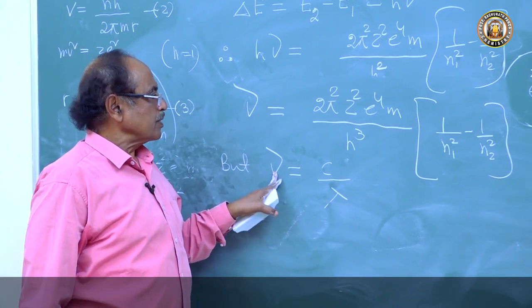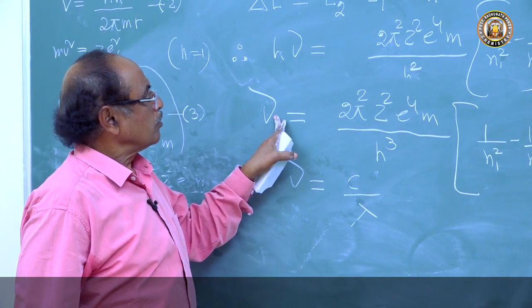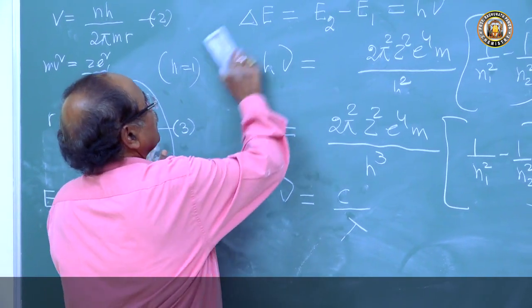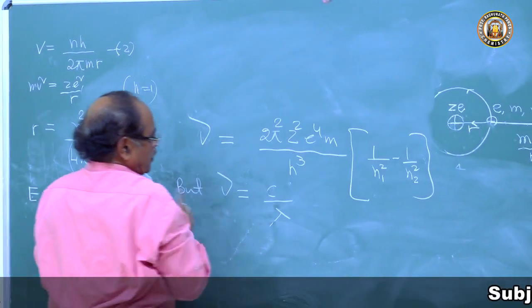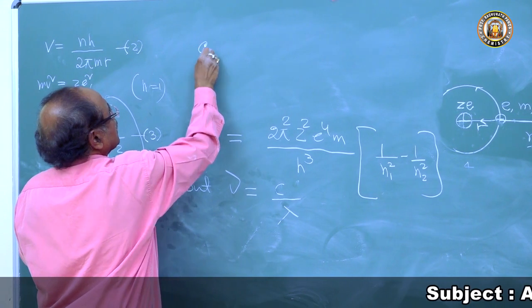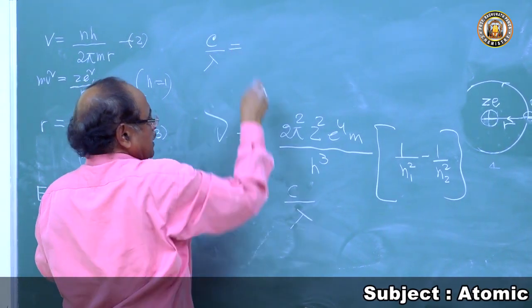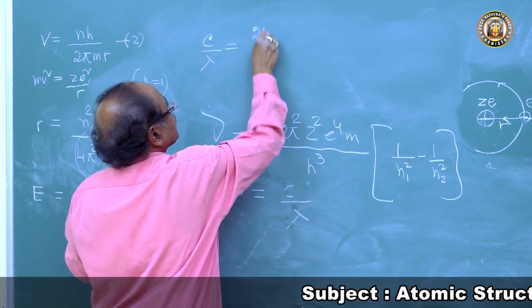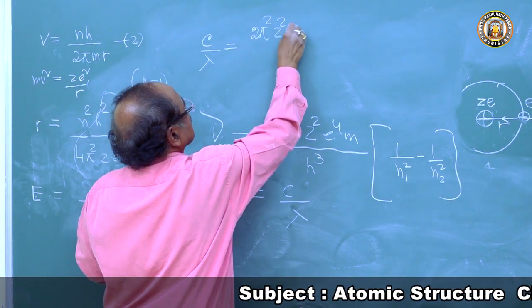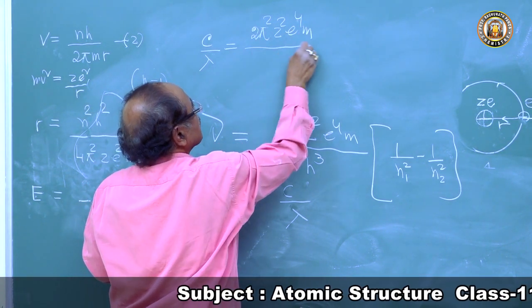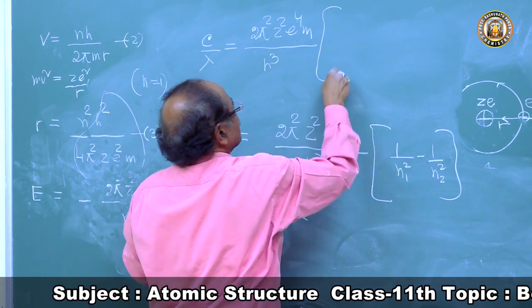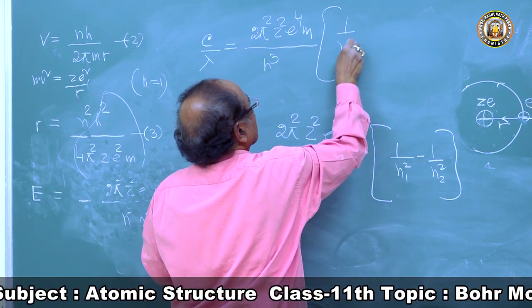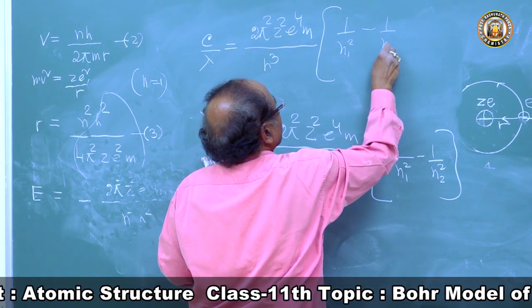So we put this value here. c by lambda will be 2 pi square z square e fourth m by h cube into 1 by n1 square minus 1 by n2 square.